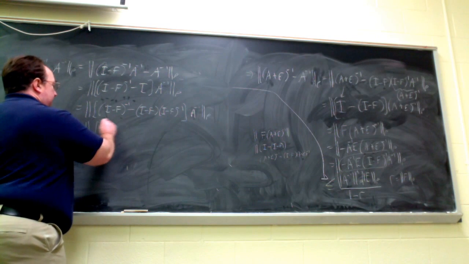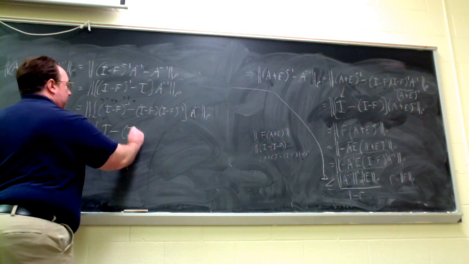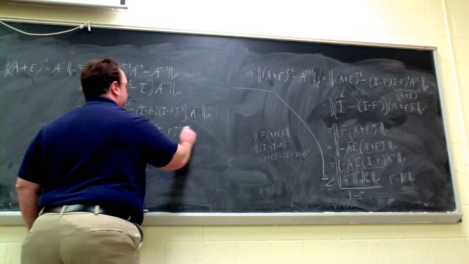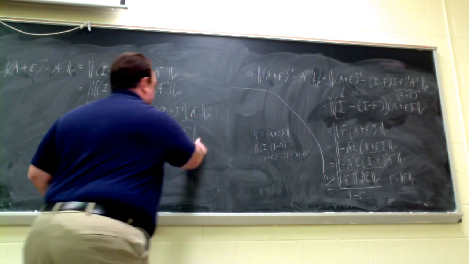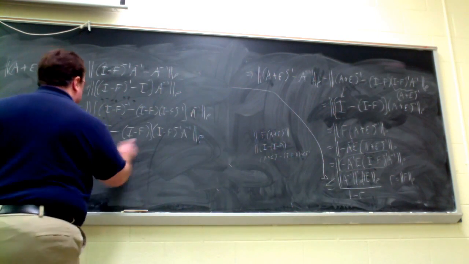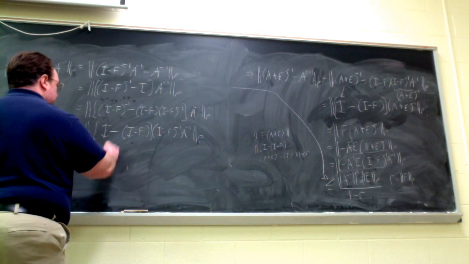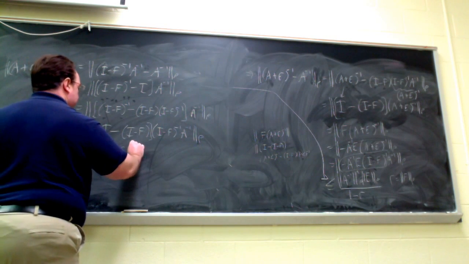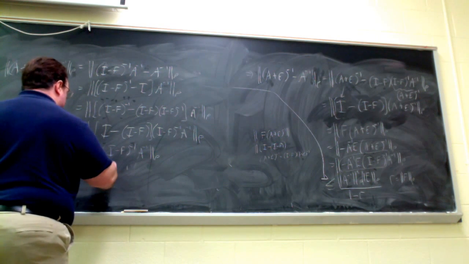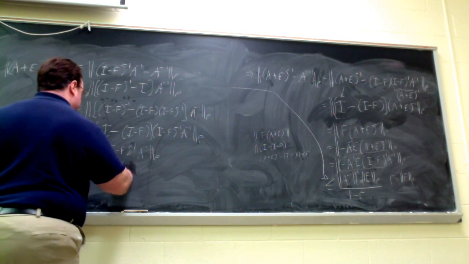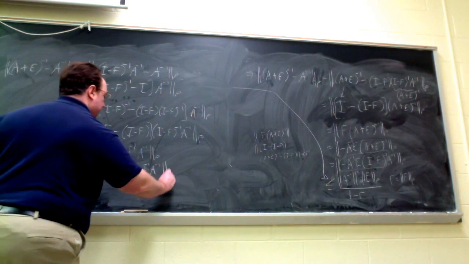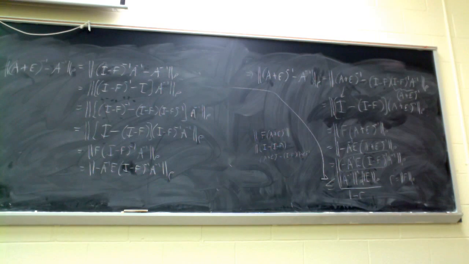So that'll leave me an identity here minus I minus F, I minus F inverse, A inverse. So I have the two pieces, and I minus F, that's just going to be F. And then F is minus A inverse E. Okay, so yes, it all worked out.